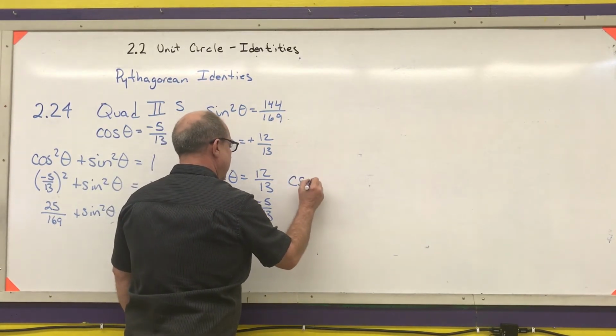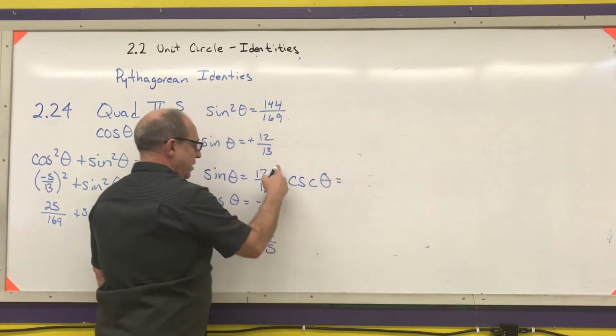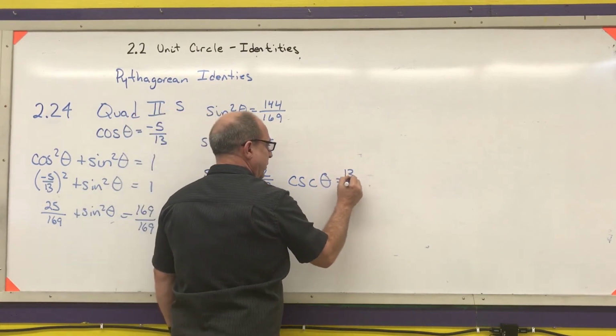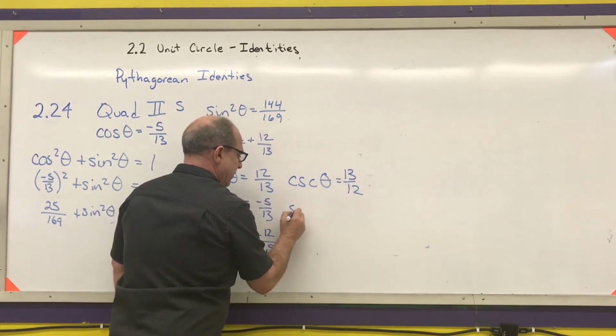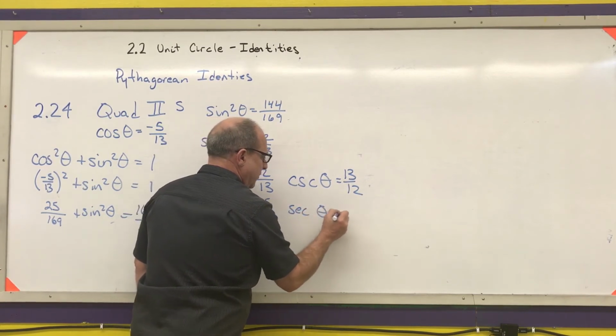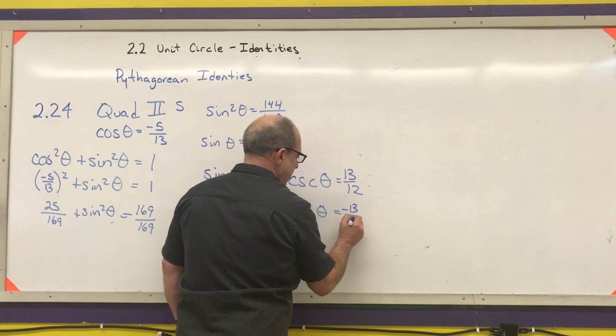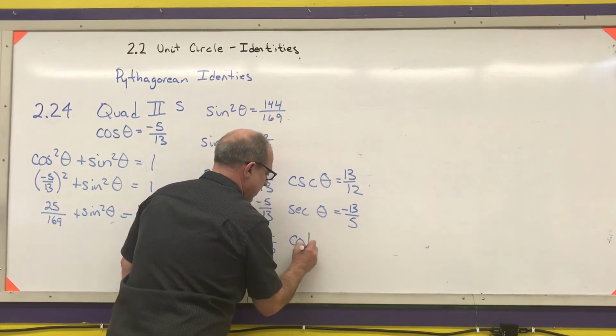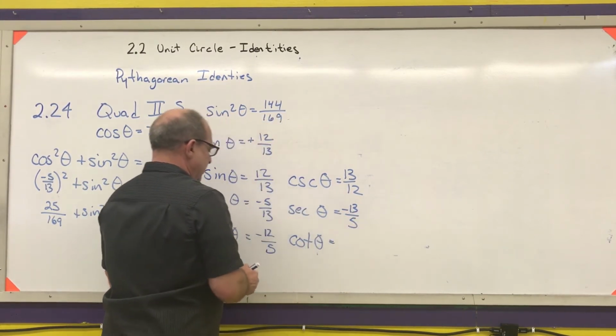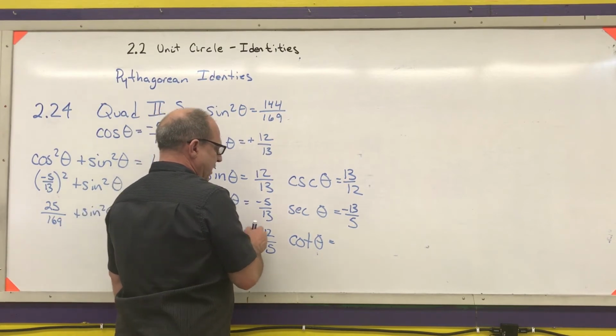Cosecant theta, reciprocal of sine, so it's 13/12. Secant of theta, reciprocal of cosine, so it's negative 13/5. Cotangent of theta is the reciprocal of tangent, so it's negative 5/12.